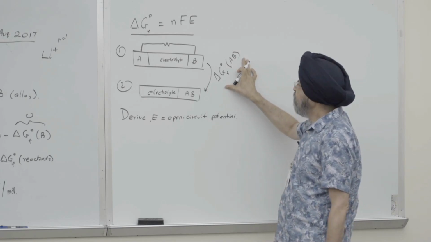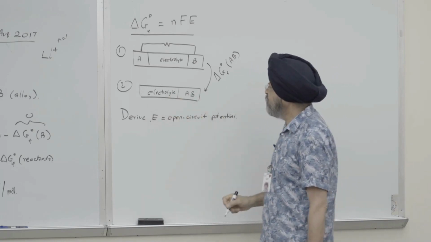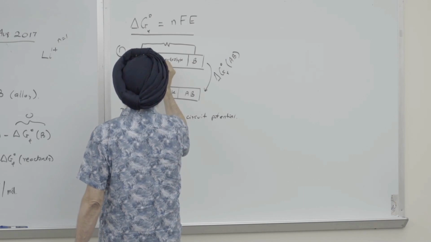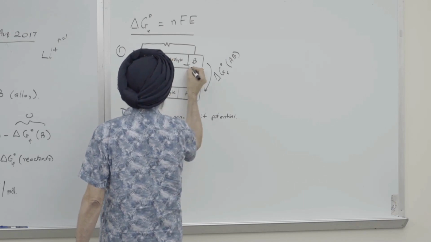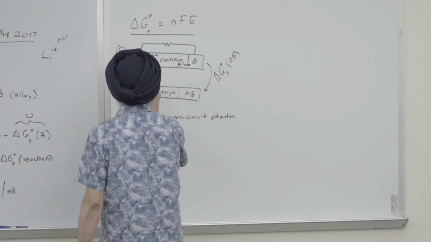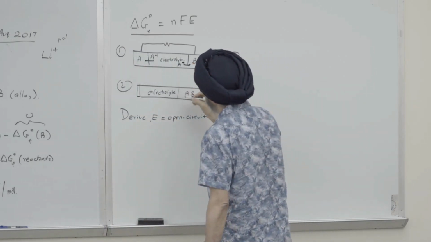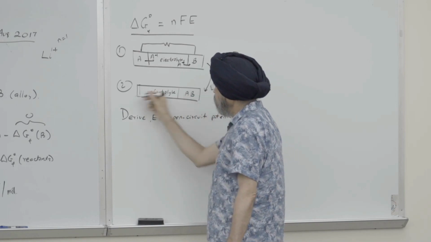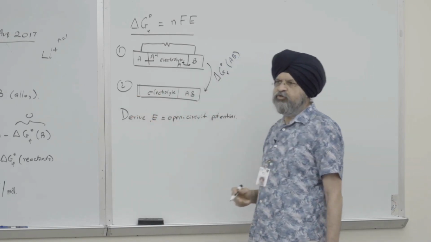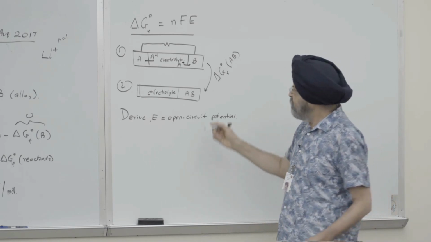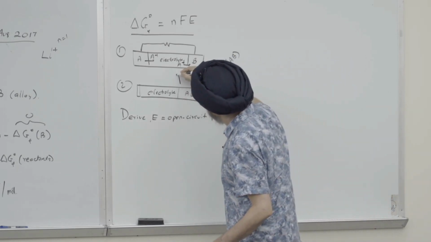Now what if I can reverse the process? In this reaction, A plus ions moved in this direction. Now I want to push them back in that direction, do it electrically, and see how much electrical energy it takes to move this back to that.